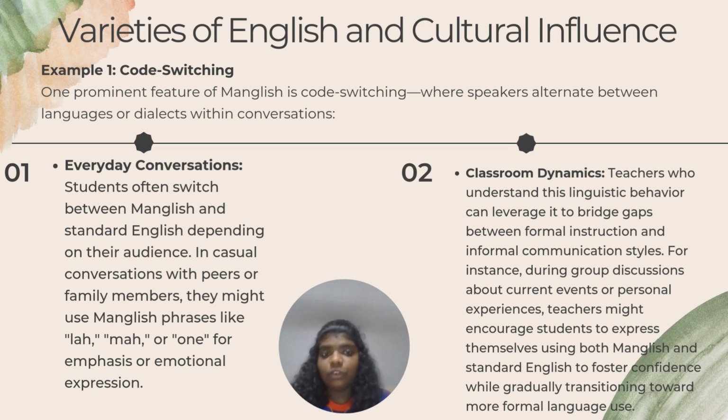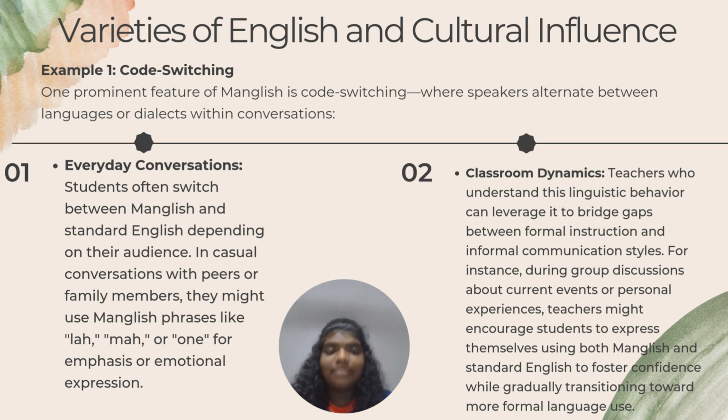So, in casual conversation with peers or even family members, they might use Manglish phrases like la, ma, or one for emphasis or emotional expression. So, for example, it's like, "Can I go eat, ama?" Something like that. For the second one, classroom dynamics.